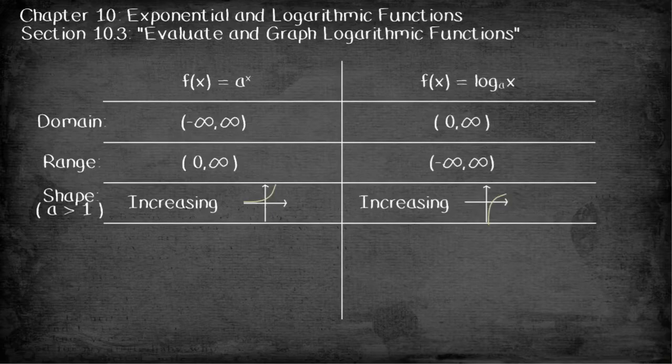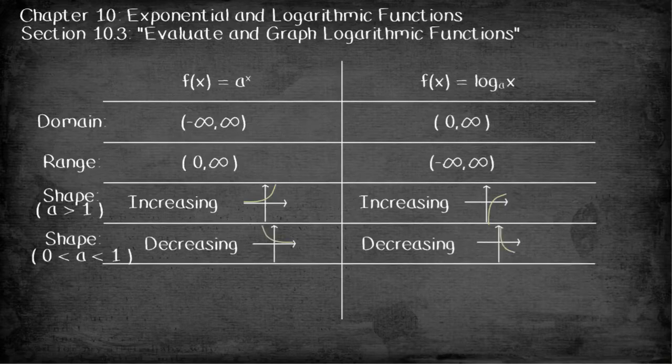Now let's look at their shapes. So if a is greater than 1, we know that the exponential is increasing, and the logarithm does the exact same thing. It's a mirror image over that diagonal line. If a is between 0 and 1, we know that the exponential is decreasing, and the logarithm actually does the same thing.